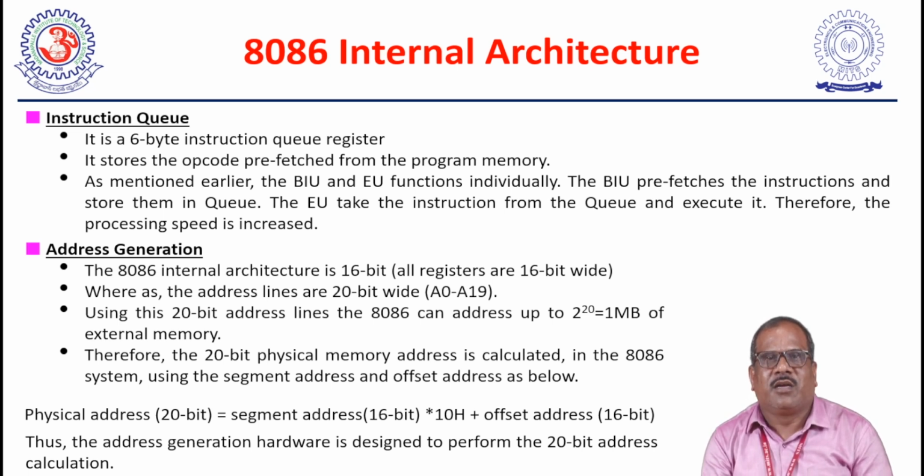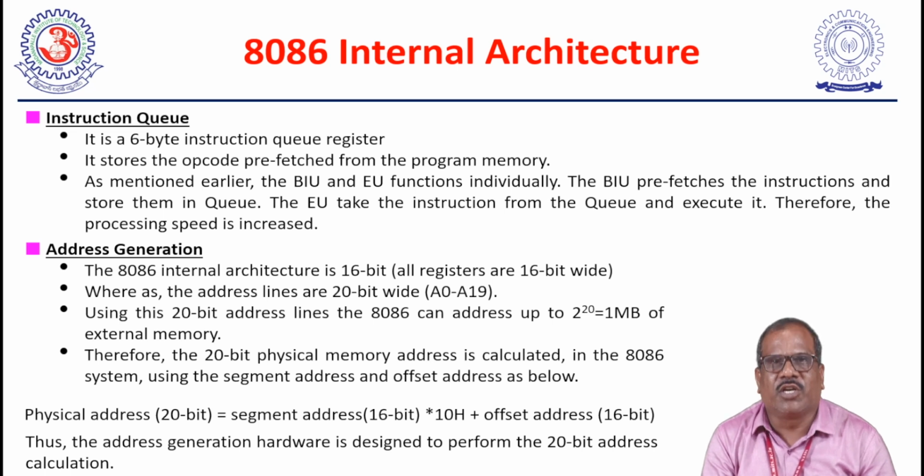The BIU and the execution unit work individually: the BIU prefetches the instruction and stores it in the instruction queue, then the execution unit takes the instruction from the queue to execute it. So the function of the instruction queue is to prefetch instructions and temporarily store them.